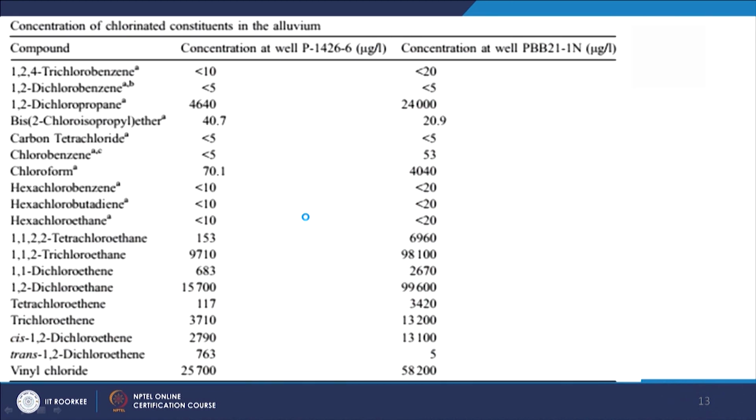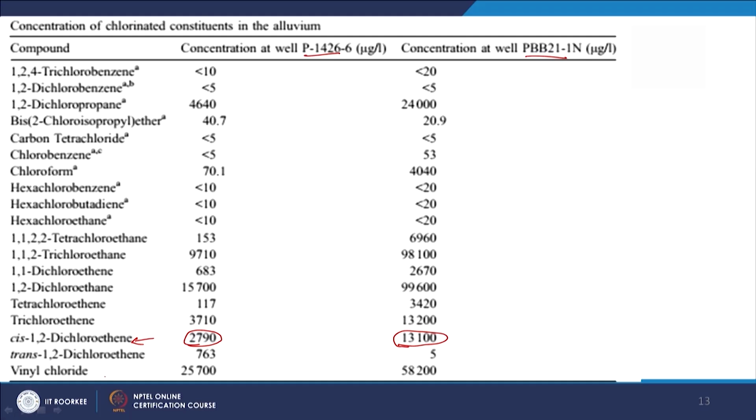Let us say we have some particular well here and some other well here. We are trying to identify cis 1,2 DCE, that is out here. As you see, the concentrations downstream in these wells are remarkably high, and as we looked at earlier, they were not present in the source. Even vinyl chloride is at remarkably high concentrations, something we can observe out here.